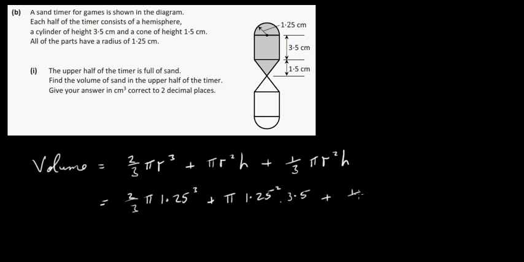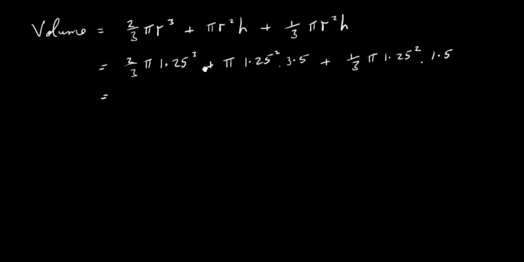Okay, next one, we've got a third. We've got pi again. We've got a radius which is 1.25. We've got to square that, and this time our height is 1.5 centimeters. Okay, so we got to do all of this now.